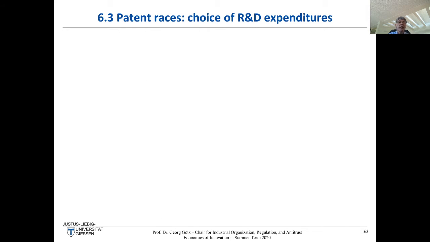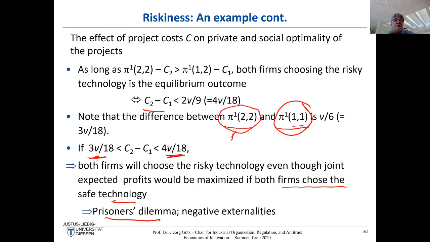Yeah, I think that's about what I wanted to tell you about this riskiness example. I think we could play around here a lot further, because if you have a cost difference higher than this 4 V over 18, but lower than 5 V over 18, asymmetric equilibria would exist. Asymmetric equilibria in the sense that if one of the two firms chooses the risky technology, the other firm chooses the safe technology, and vice versa.